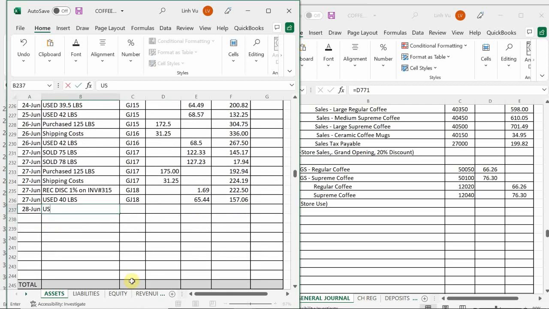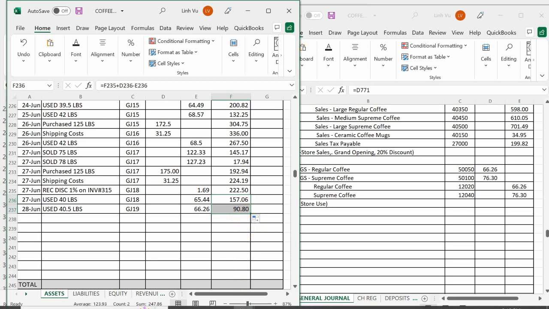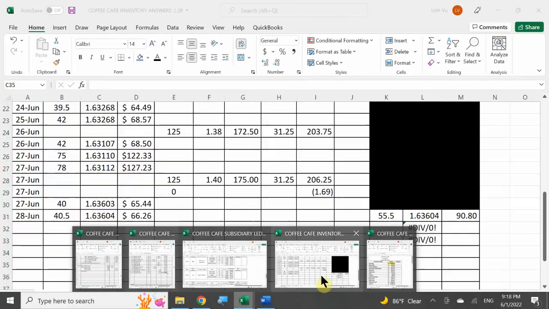We used 40.5 pounds. Okay. And that cost me $66.26. So that should have decreased my account down to 90.80, which, yes, that is true.